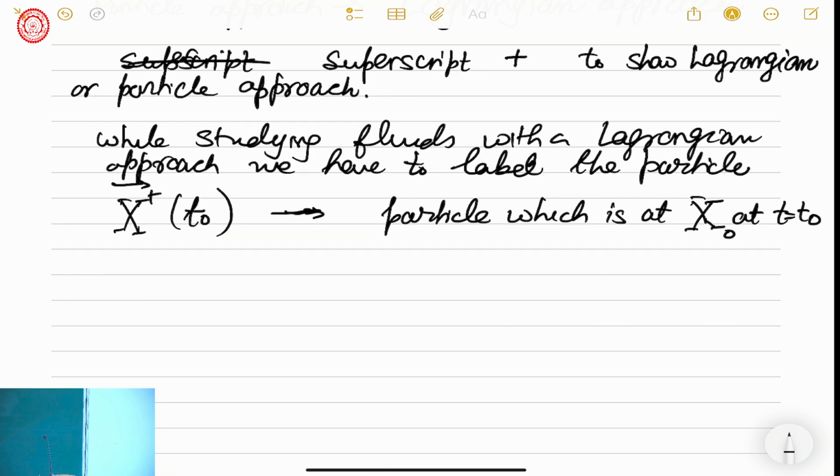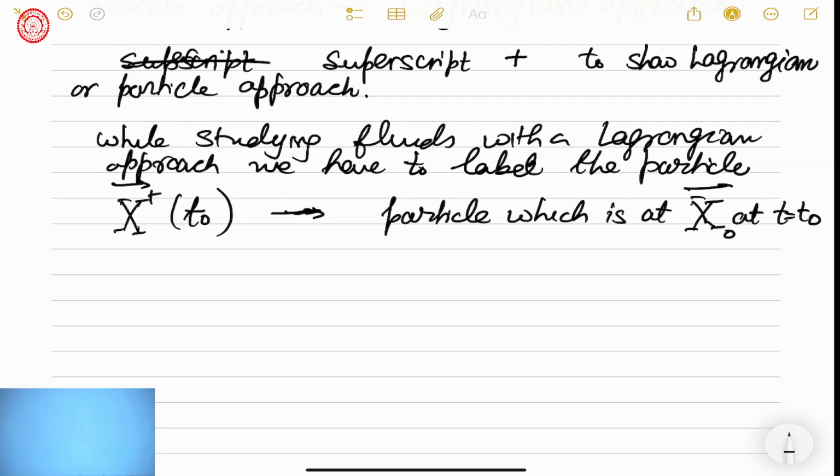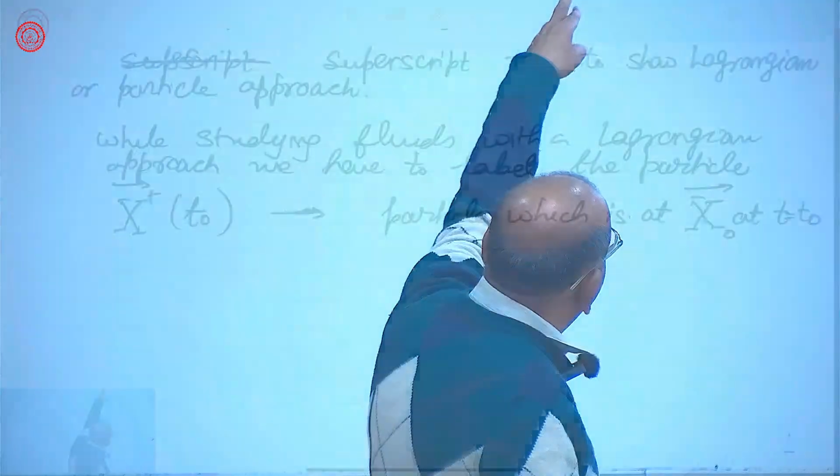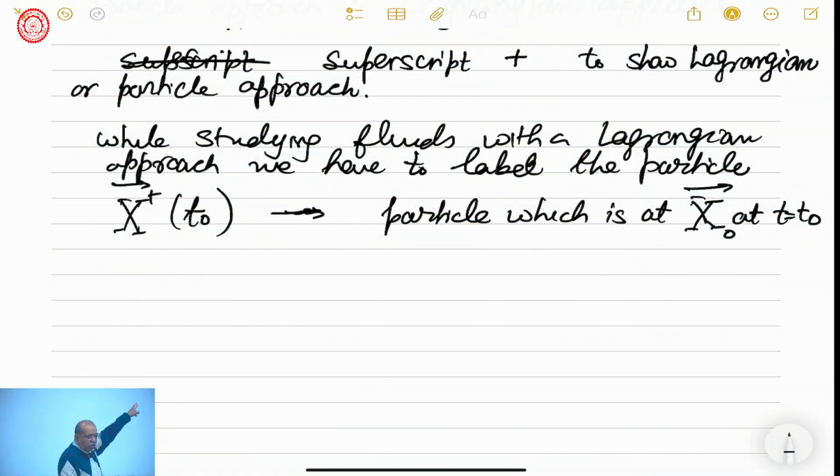A particle which is at a location x0 at t0, we call it x plus of t0. And when we try to trace it later, we will say it is x plus at time t comma t0.